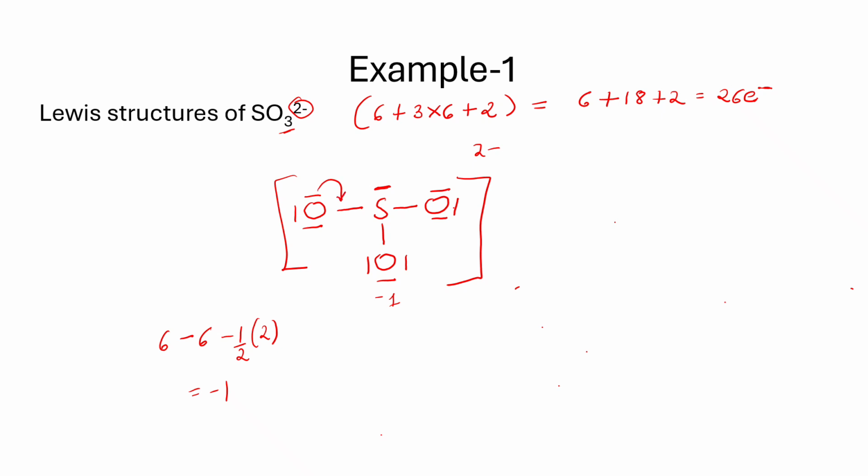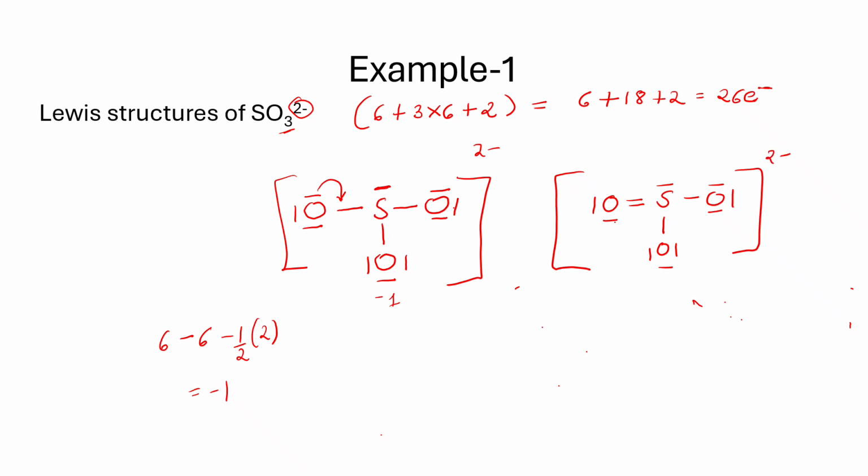Now, for a moment, you might think, oh, but this is violating the octet rule. And that is true. But sulfur, as I said before, is a period 3 element, which means it can extend its octet. It can extend its covalency beyond 4. So if this happens, the new sulfite structure is probably going to look like this, right?